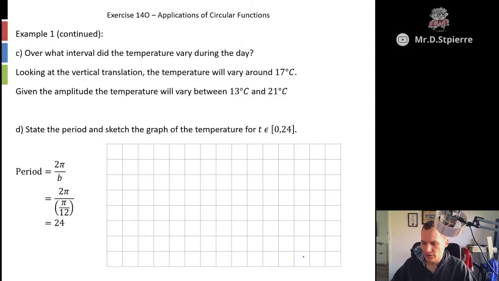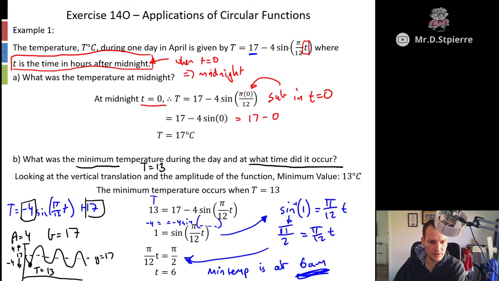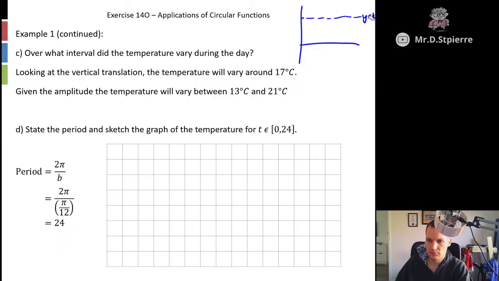Part C, continuing on with this question, over what interval did the temperature vary during the day? Okay, so again, we know briefly from the previous point, y equals 17. The graph is doing that, and we're down 4, and we're up 4 from our amplitude.